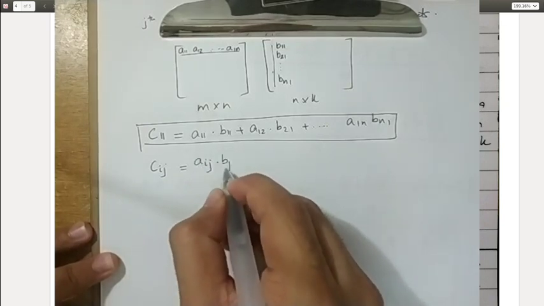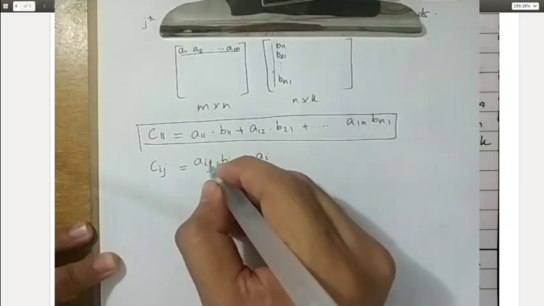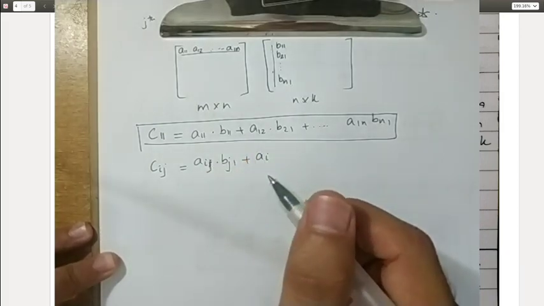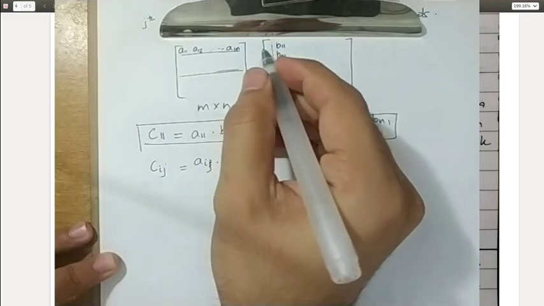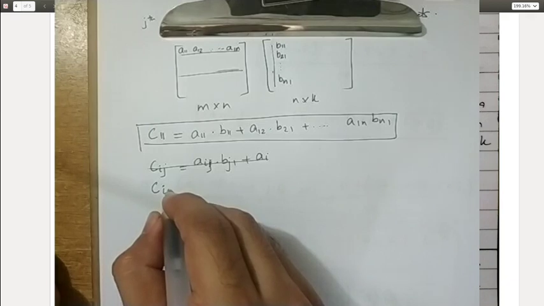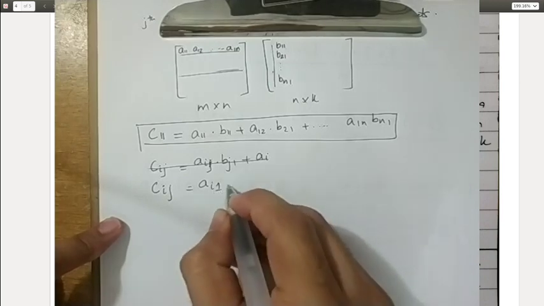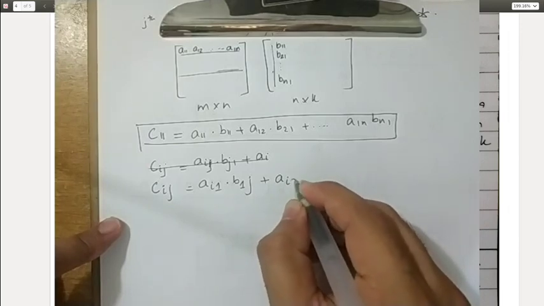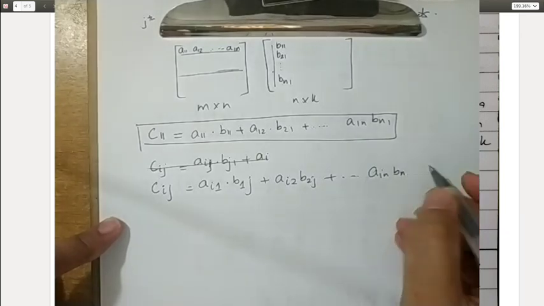Let's suppose Cij, you're looking at it as ai1 times b1j plus ai2 times b2j up until ain times bnj.